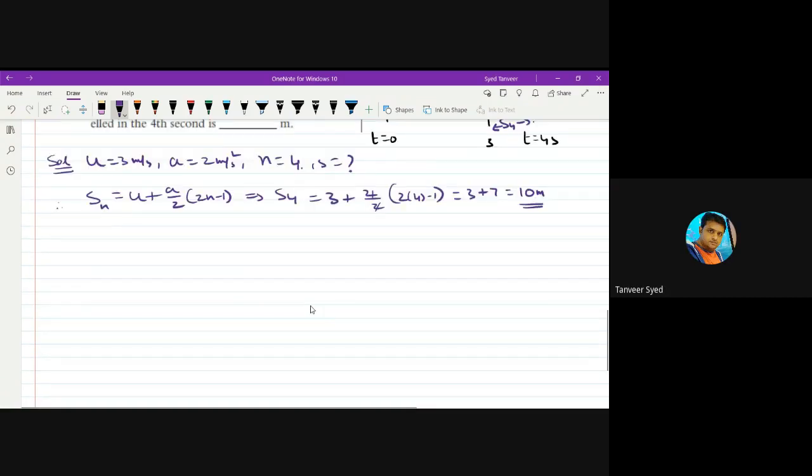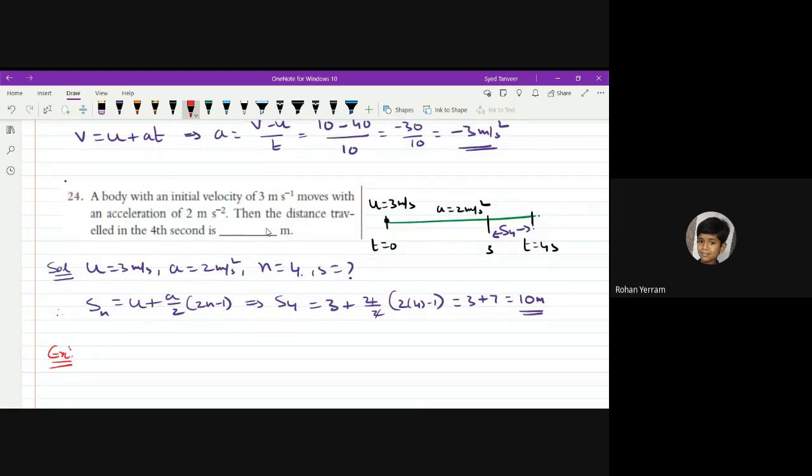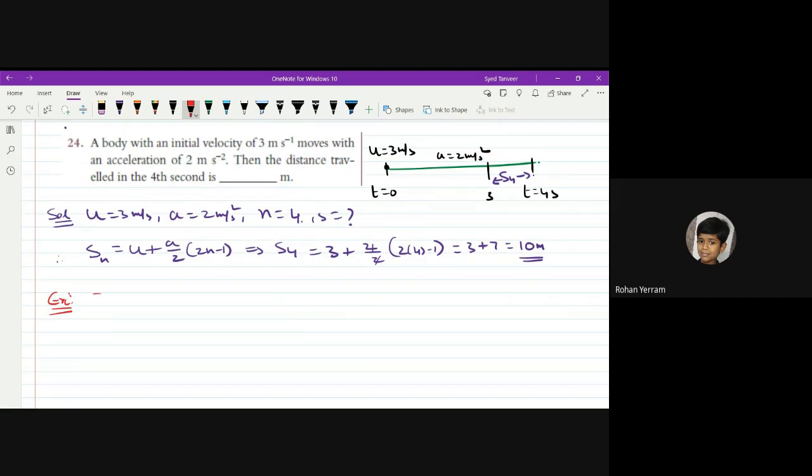Next question, this one. A body starts from rest and moves with constant acceleration.